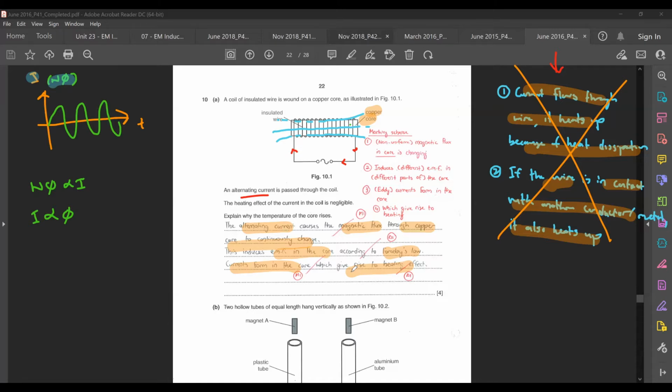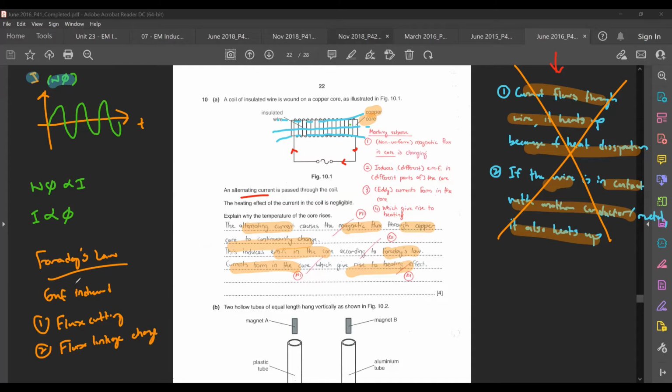Earlier, I mentioned to you in Faraday's law that your EMF is induced either through flux cutting or flux linkage change, right?